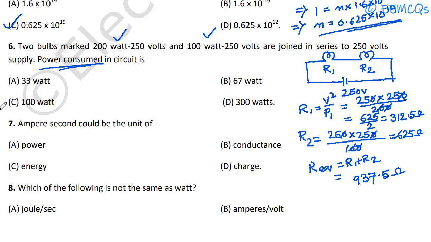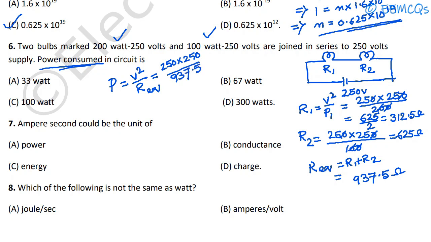So what is the power consumed here? You know, power consumed P is equal to V square by Req. Here the applied voltage is again 250 volts. So 250 into 250 divided by 937.5.